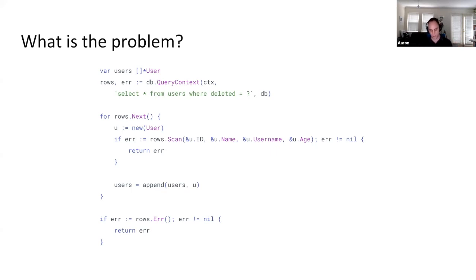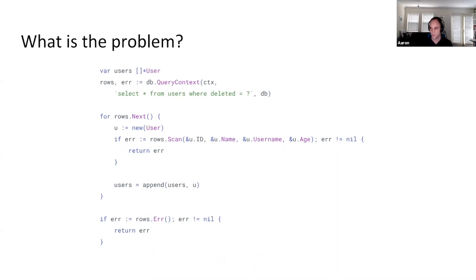Now, there are 2 problems here from an organizational and coding standpoint that become problematic. They're really subtle, but I want to ask if anyone knows what 2 problems I'm referring to. And it's not the errors thing, we talked about that. Problems, does anyone have one? It looks fine.